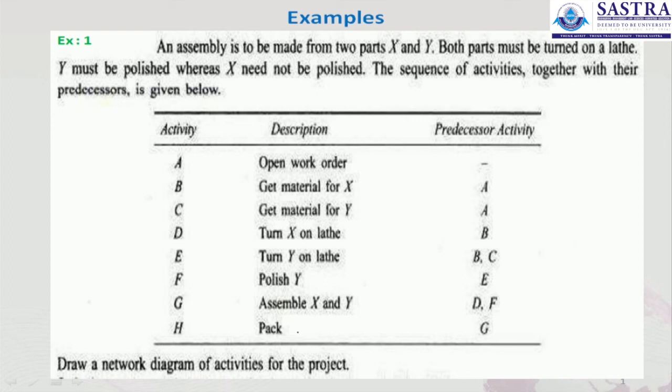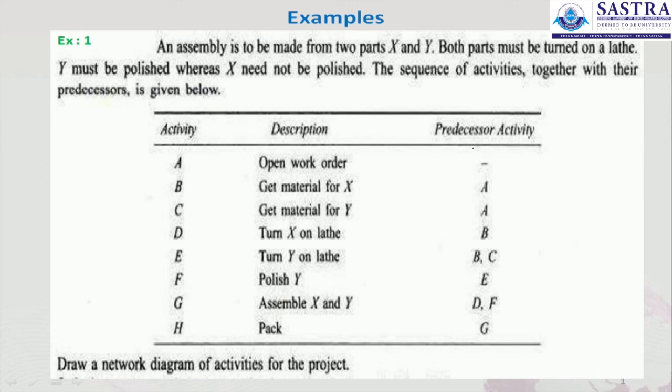Here they have given them: A, open work order; B, get material for X; C, get material for Y; D, turn X on lathe; E, turn Y on lathe; F, polish Y; G, assemble X and Y; and H, pack. That is the final conclusion of the packing. So first the material is taken, and finally they have to pack.